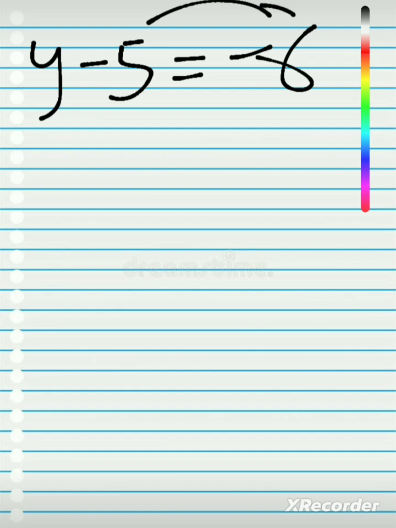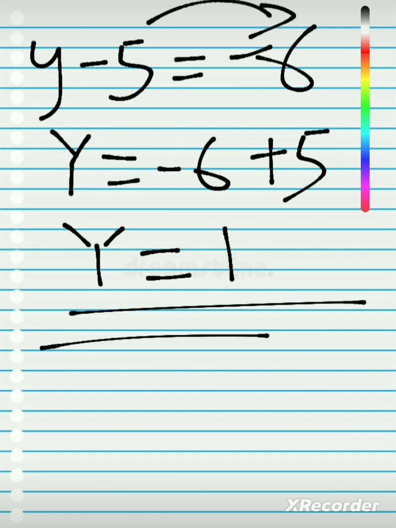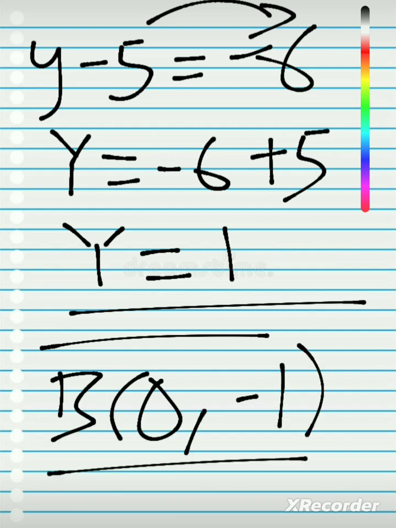So we can take -5 to this side, then y is equal to -6 plus 5, and our y is going to be -1. Okay, so the coordinates of B are (0, -1).